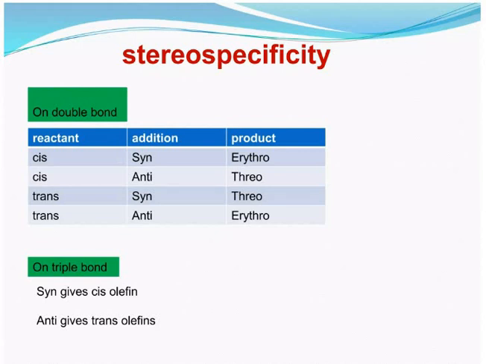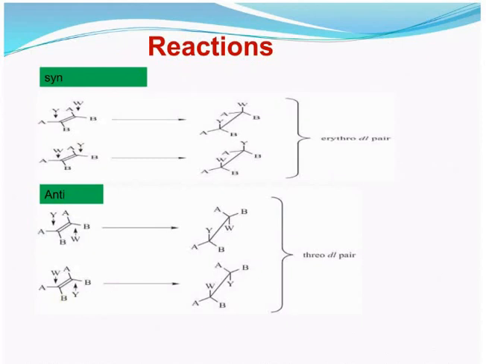For a triple bond, syn gives cis olefin, anti gives trans olefin. It is very important for objective questions, multiple choice questions. Now the reaction on the same side, you can see the erythro DL pair, the threo DL pair.